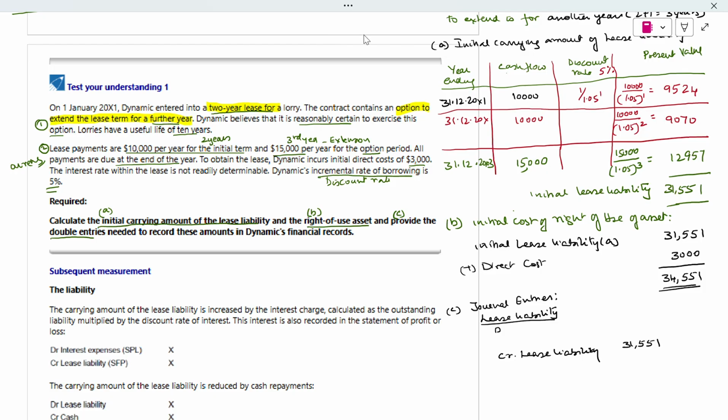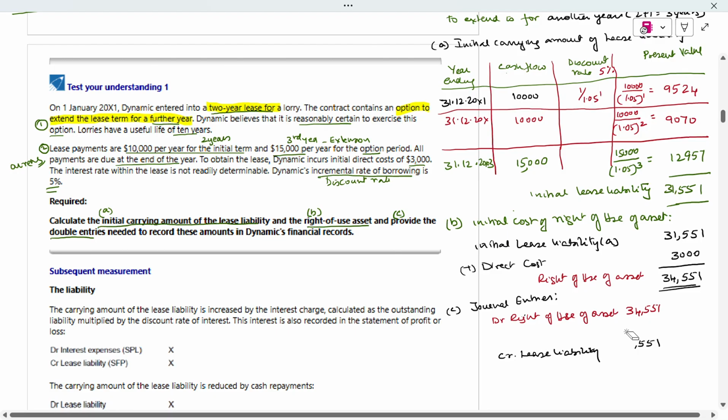Don't put it like this, okay? How much is the right of use of asset? 34,551.